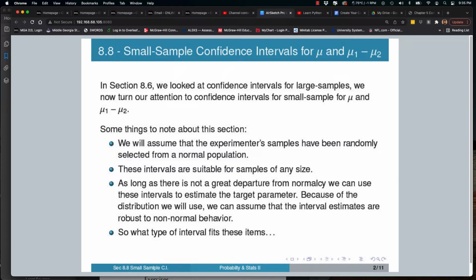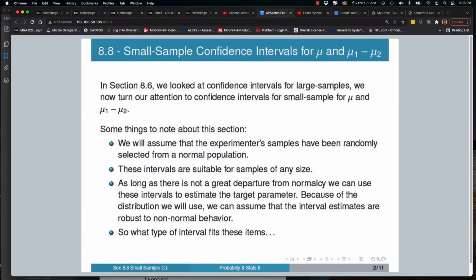As long as there's not a great departure from normalcy, we can use the t interval to estimate the target parameter, because of the distribution we use, we can assume that the interval estimates are robust to what we call non-normal behavior.